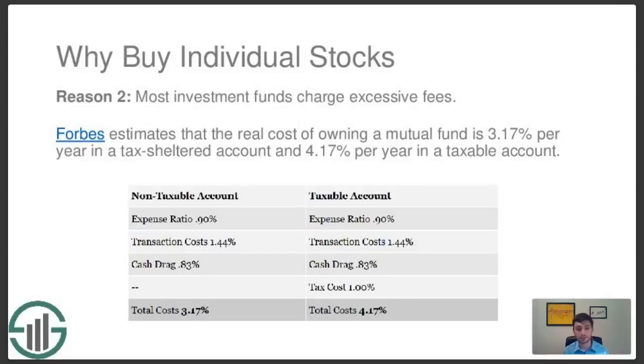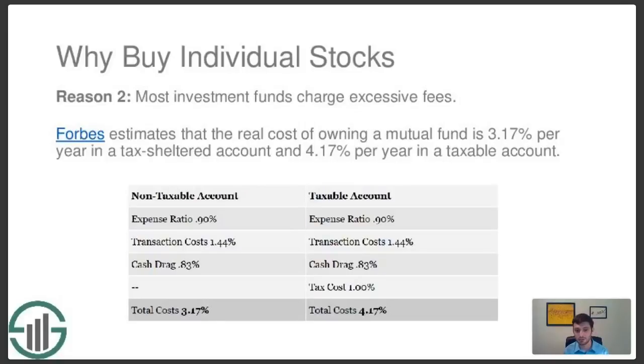And the table below is from Forbes, and it estimates the real cost of owning a mutual fund. And you can see it's 3.2 percentage points in a tax-sheltered account and 4.2 percentage points in a taxable account, which is a tremendous drag on return when you think that the market's average return over the long run is 9 to 10%. So you're giving up 30 to 40% of your returns to invest in a fund.